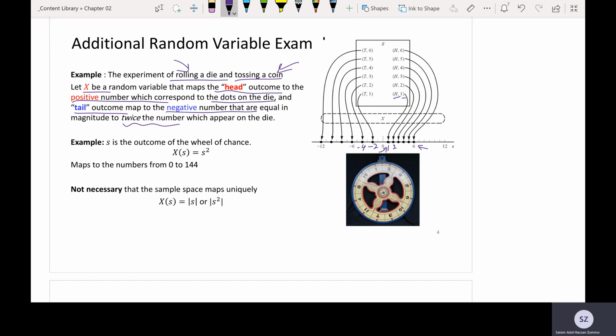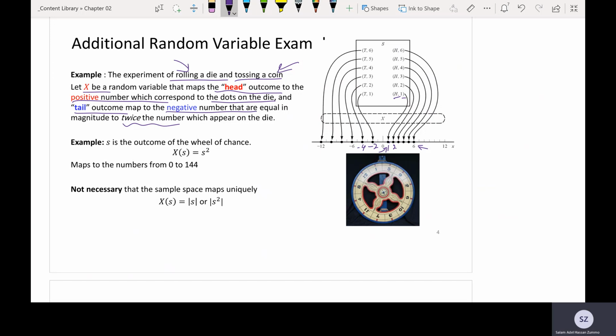So you can see that this is just a pure mathematical random variable that maybe doesn't make sense. However, in others, I can define another, for example, a random variable for those students who get above average and those students who get below average.